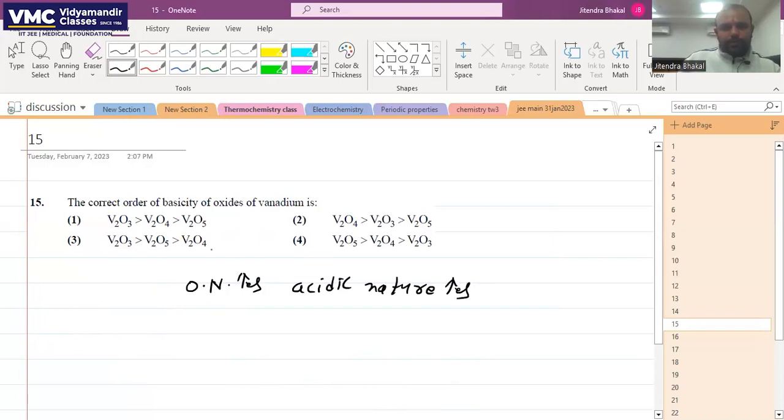So where the oxidation number is maximum, that is the most acidic and least basic. So option 1 is the correct answer. The oxidation number of vanadium is minimum in V2O3, then V2O4, then V2O5.